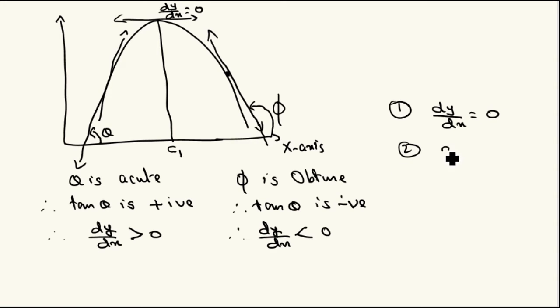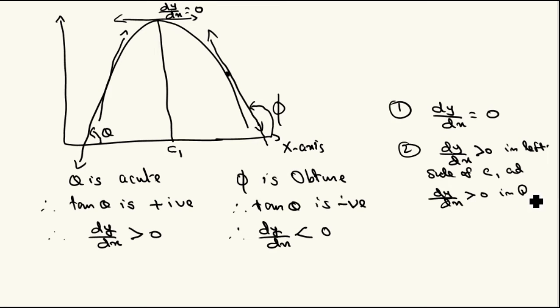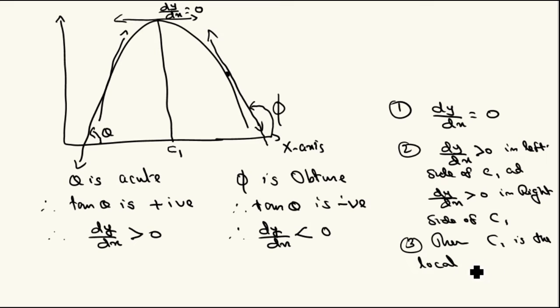Second, if dy by dx is greater than 0 on the left side of C1 and dy by dx is less than 0 on the right side of C1, then C1 is the local point of maximum.